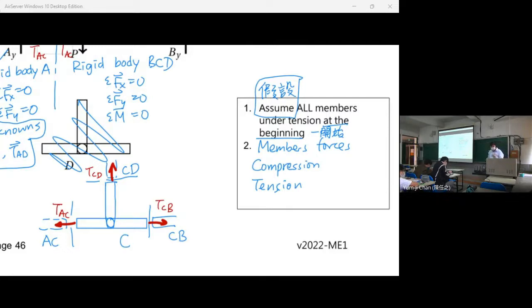And afterwards, when you do all the calculations, if you see T is larger than 0, that means it is in tension. If T is smaller than 0, then it means the member is in compression. I will talk about the other points after the rest.